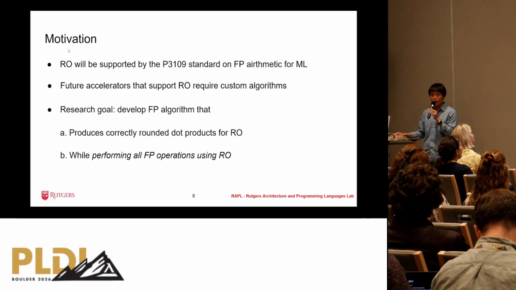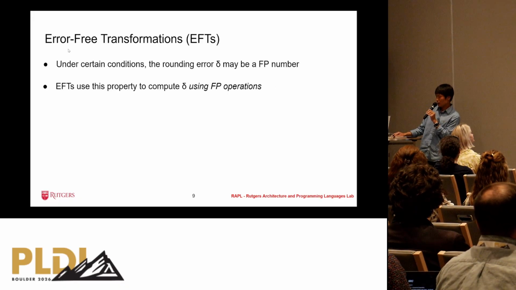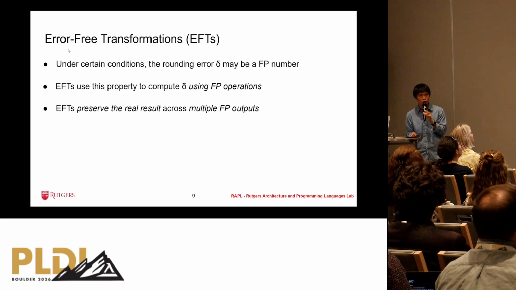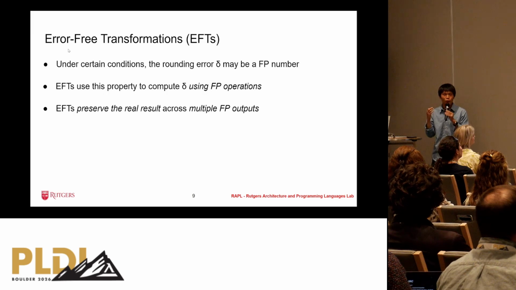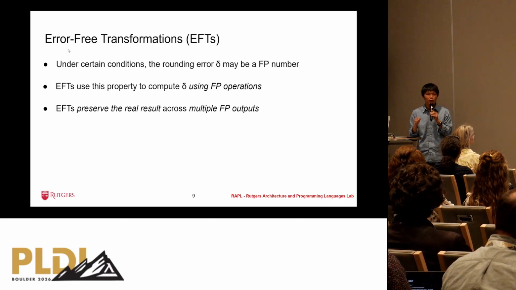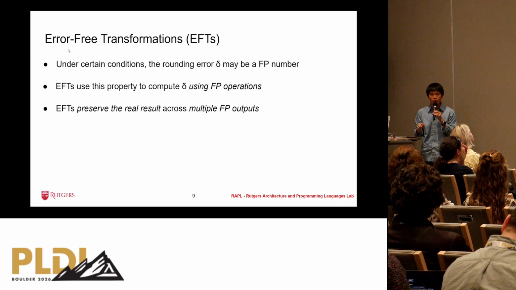So I will come back to the topic of error-free transformations, and due to the constraints in time, I will skip over some details about multiplication. But at a higher level, error-free transformations are algorithms that allow you to compute the rounding error induced by a floating point operation. And in doing so, error-free transformations allow you to preserve full information about the real arithmetic result.